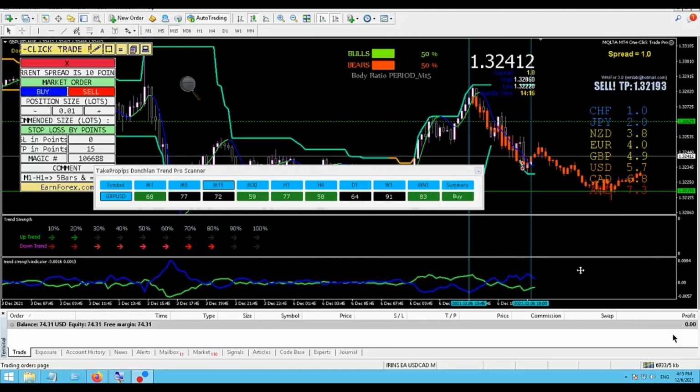Hello again. I've just logged into my live account and I've got the GBP, the British pound, and the US dollar on my chart. As you can see, let me just zoom in.